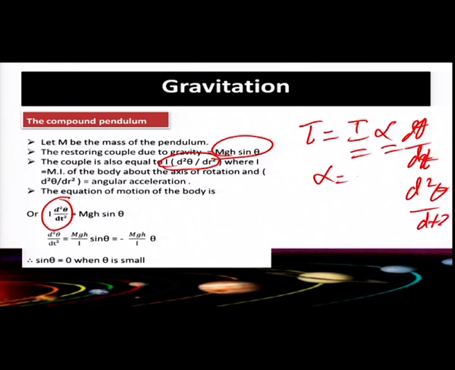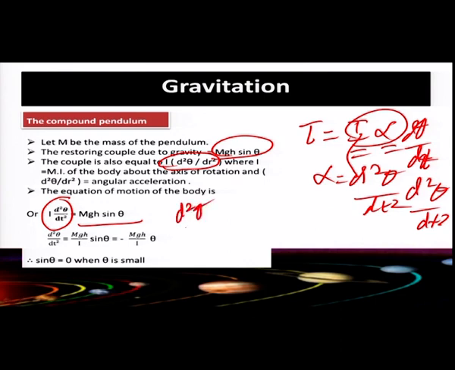Therefore, alpha is equal to d squared theta by dt squared. Substituting, I into d squared theta by dt squared is equal to mgh sin theta, and from this you calculate d squared theta by dt squared.